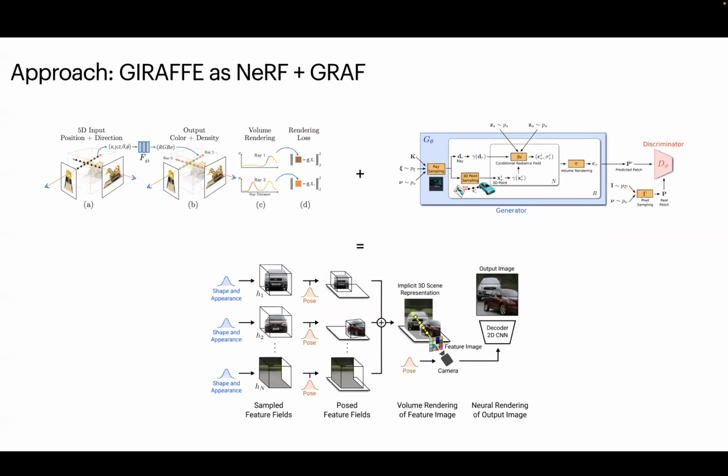This is not 100% true, but I will just characterize GIRAFFE as a combination of NeRF and GRAF. As we were seeing just a moment ago about NeRF, I think the novelty is that it avoids generating the photo by sampling RGB colors. You can see the given 5 parameters, X, Y, Z, and 2 others.